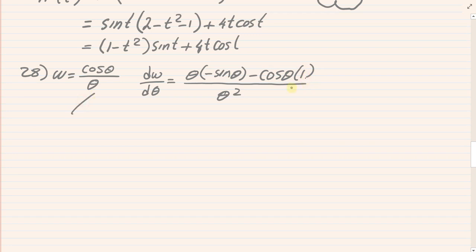Remember, when you take the derivative of denominator, don't take that derivative of theta squared, the original denominator. Okay, so this is going to be, what? It's going to be negative cosine theta plus theta sine theta.